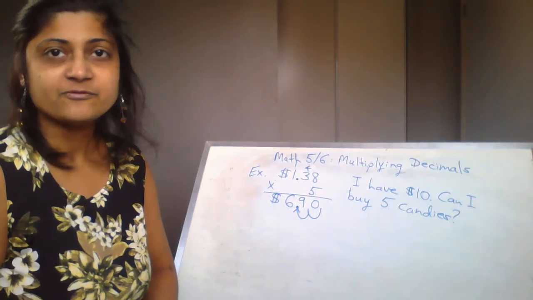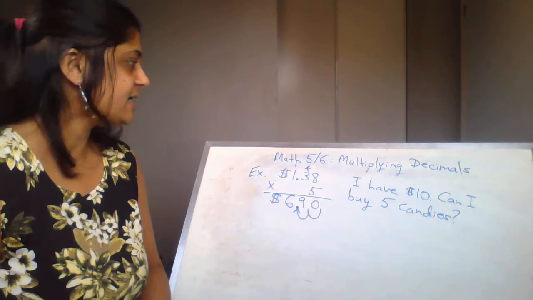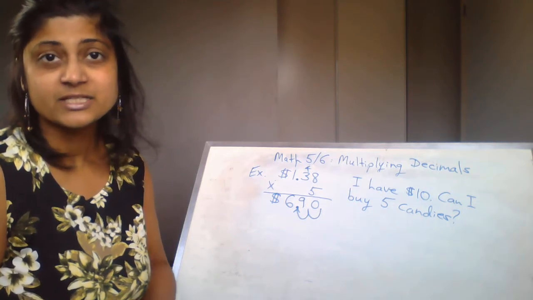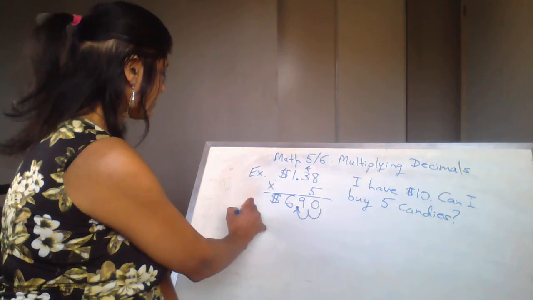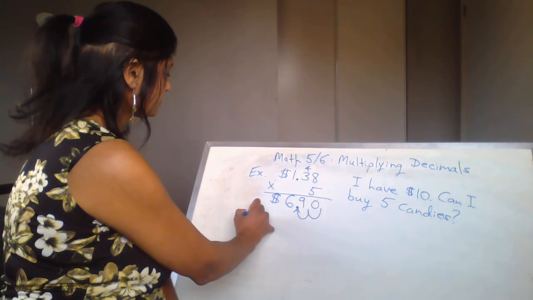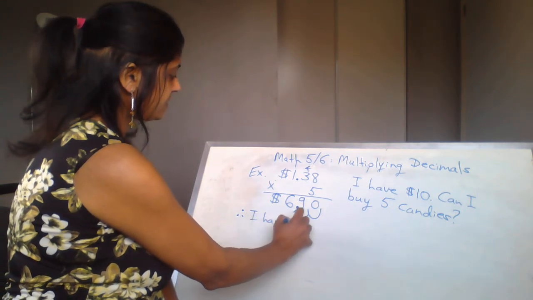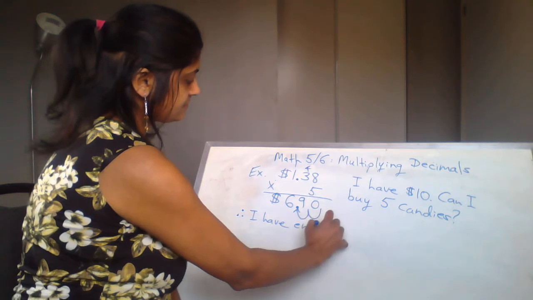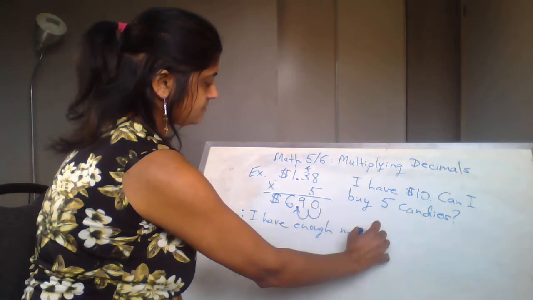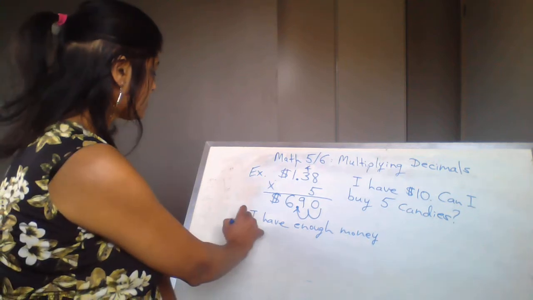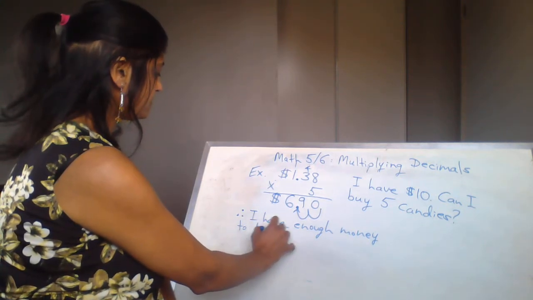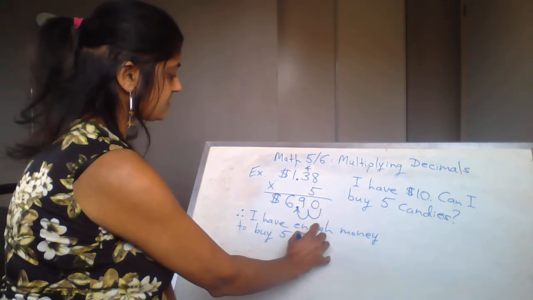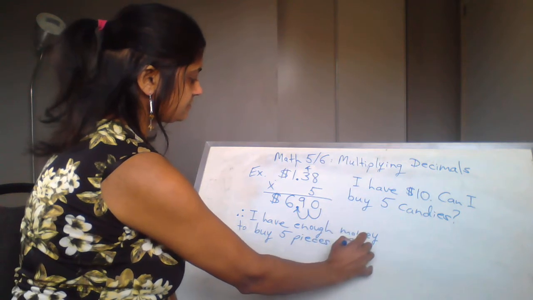And this is to buy 5 pieces of candy. And I have $10. So that's actually enough money. So let's put therefore, I have enough money to buy 5 pieces of candy. Everyone can see that?